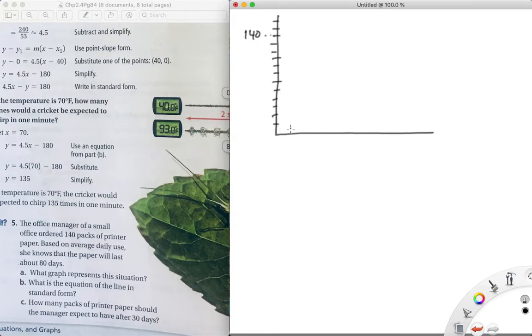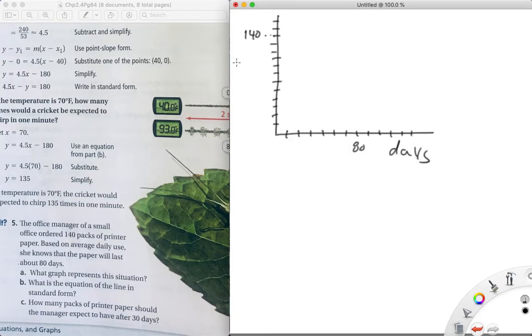Okay. Now we have 10, 20, 30, 40, 50, 60, 70, 80. Here's my 80 right here. This would be the number of days.